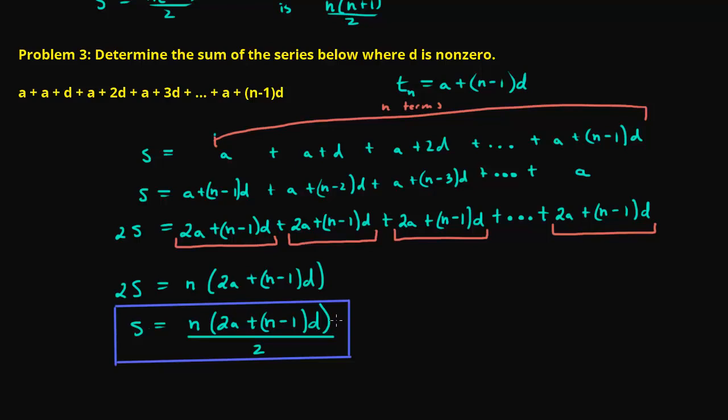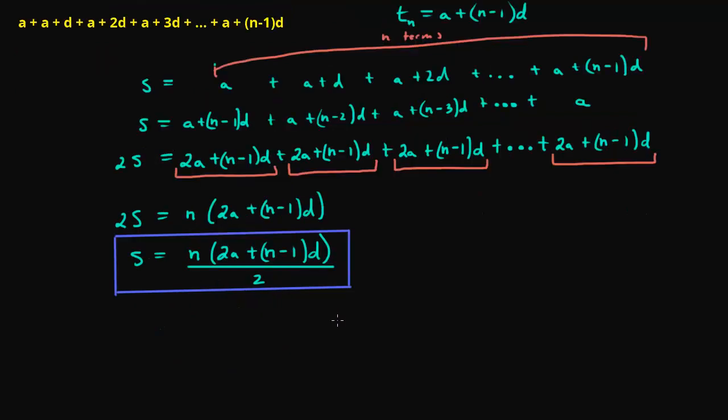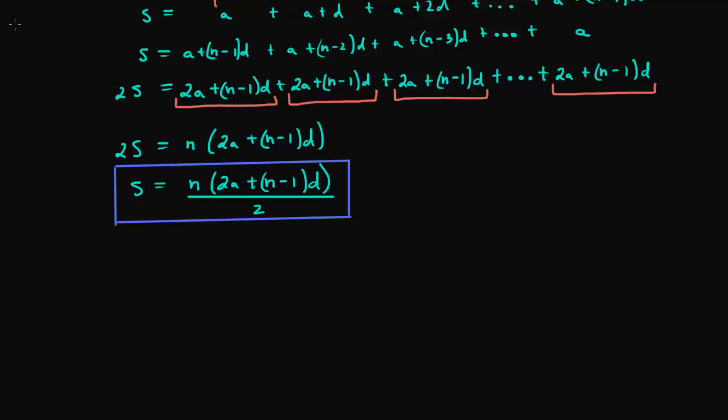Now, another way to write this is to split up 2a. I could rewrite this as n times the quantity a plus a plus n minus 1 times d, all divided by 2. Something to notice is that a plus n minus 1 times d is the nth term, t sub n.